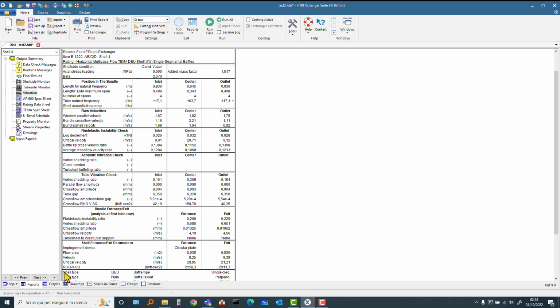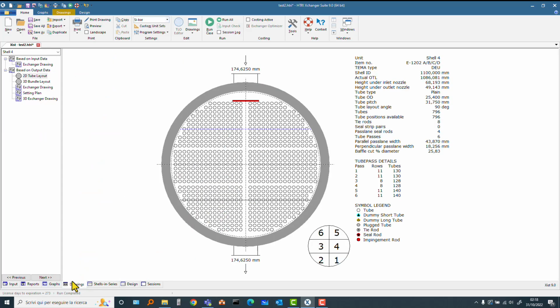Maybe it's a minor problem, but we must be sure. So what is the problem? Let's look at the tube sheet layout on this shell 4, which is always the same in any case, equal in all the 4 shells.